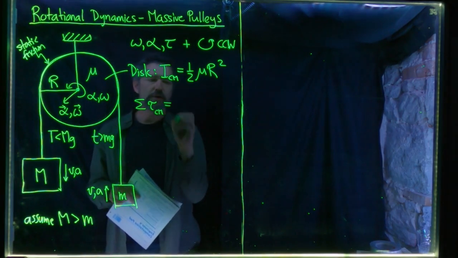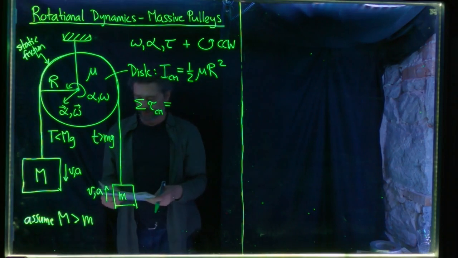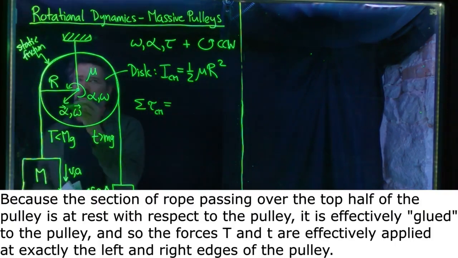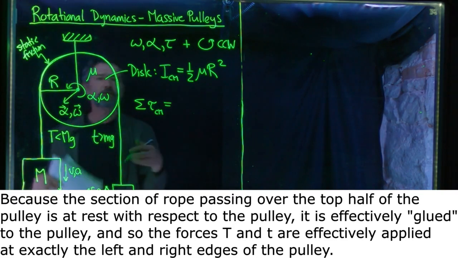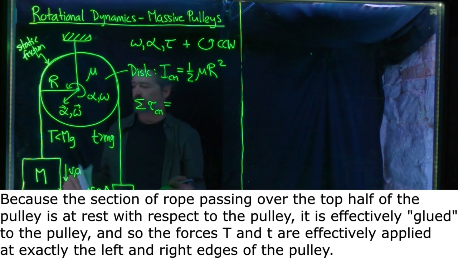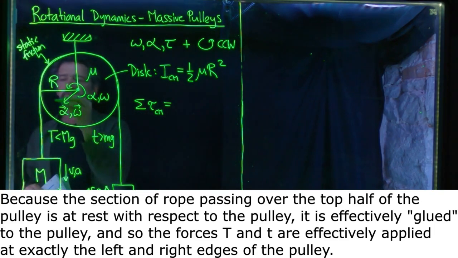That net torque is equal to, let's work this out. We talked a little bit about there being a force of static friction all along here and so on, but effectively, at any instant of time, it's the same thing as this left rope under tension capital T exerting a force on that point of the pulley.